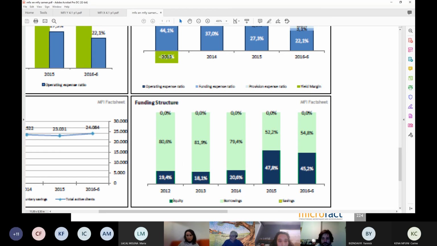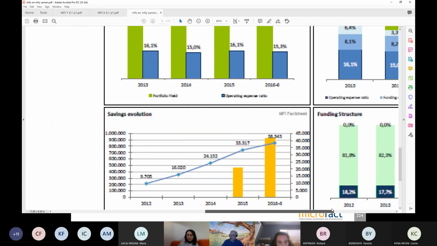So this is equity and this is borrowings. They don't have savings. Savings is 0, 0, 0. But you can see this organization X did have the safety cushion quite thin. It's 1 to 5, 1 to 5. But here they increased the equity very much, and now it's 1 to 2. So this is the organization situation.